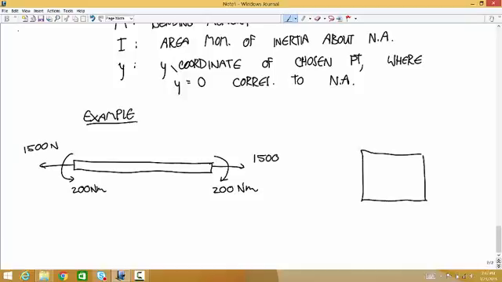And here's the cross section. It's a square, 0.2 meters tall and 0.2 meters wide.